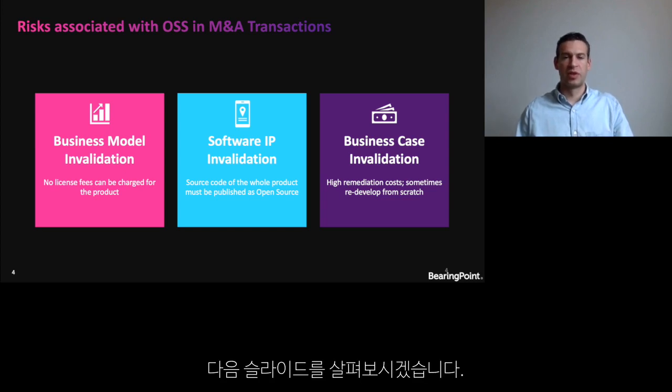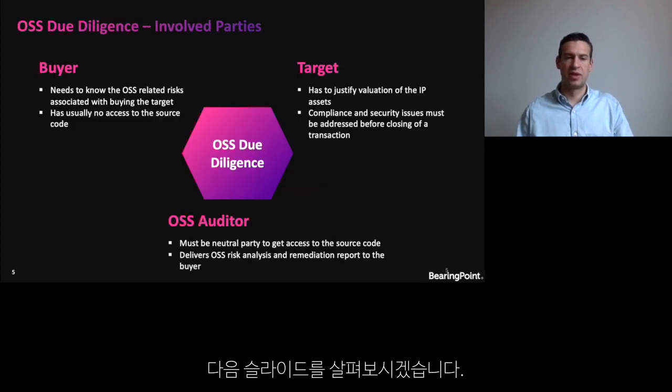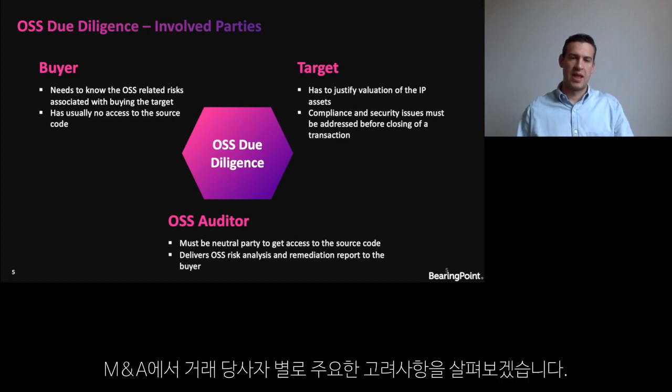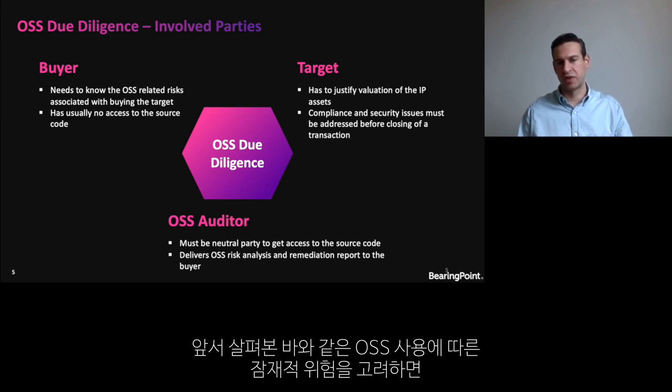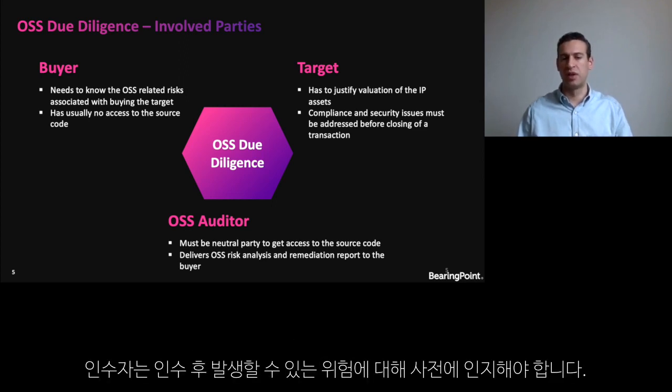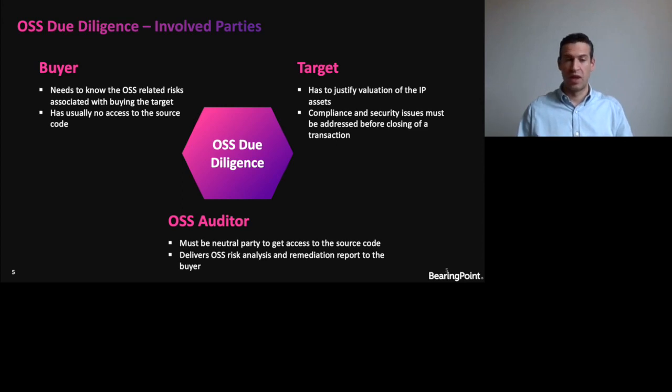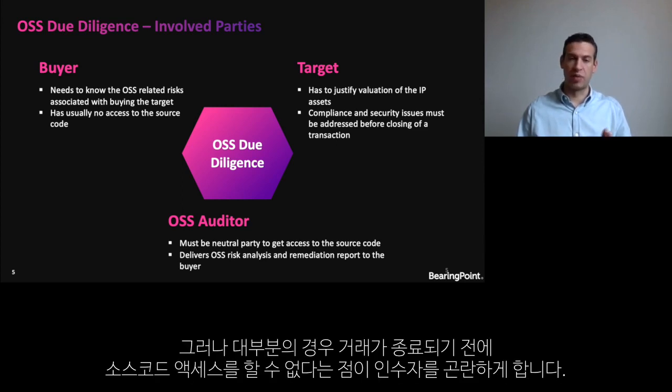Okay, let's move to the next slide, to the involved parties. So let's look at the different needs and connections of the involved parties of a transaction. As we discussed the potential risks coming from the use of OSS, the buying party needs to become aware of these risks, of course. The difficulty for the buyer is that in most cases, he does not have access to the source code before the transaction closes.